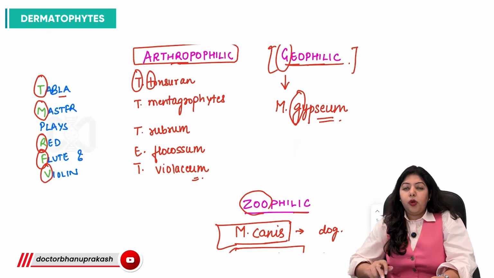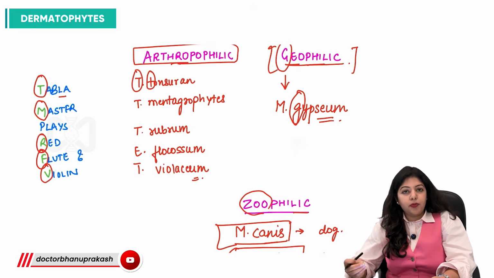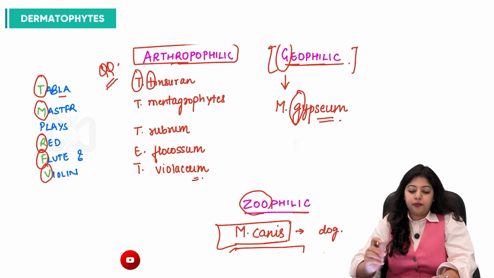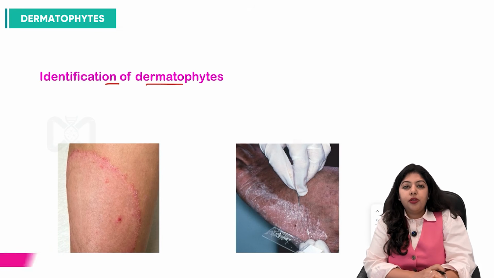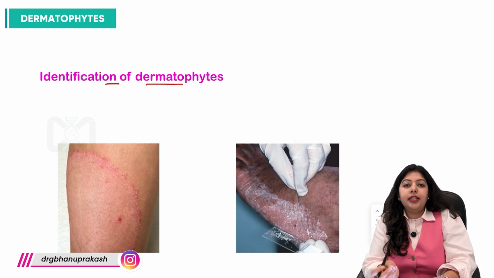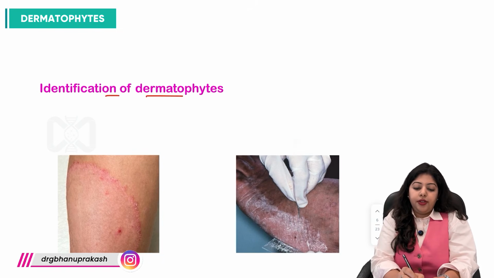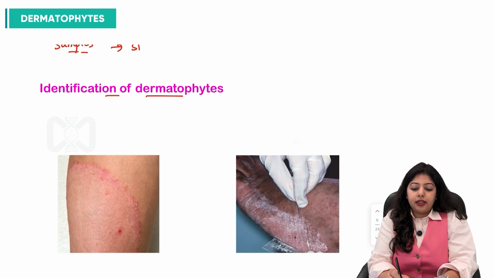So with the mnemonic and from the name itself, we have derived different species, which very well get asked in your exams. Now, in order to identify dermatophytes, we must remember we firstly need a sample. So what are the samples which we require? Samples are of course going to be the keratinous samples, that is skin, hair and nails.